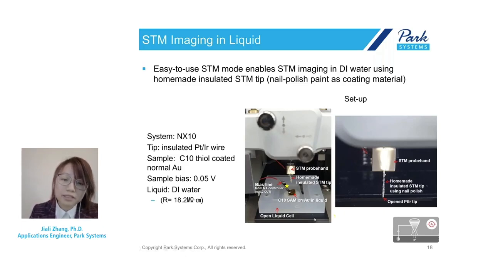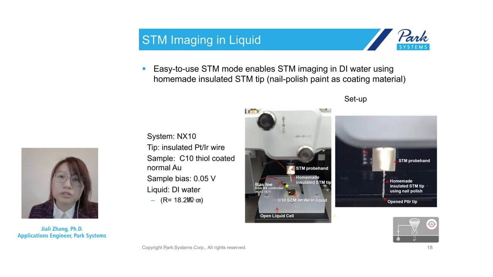Since this is liquid imaging, we will utilize our liquid cell. For normal researchers, you can use your own liquid cell or a Petri dish. However, you have to make sure the sample is mounted well.